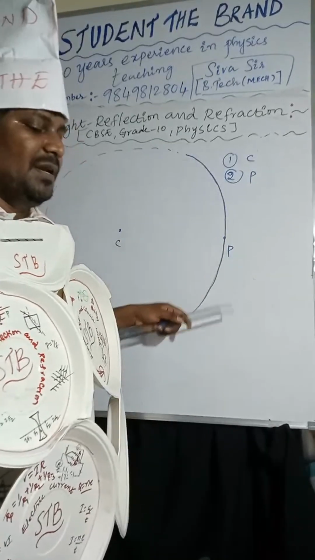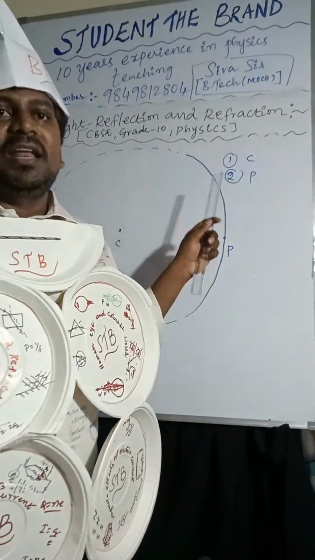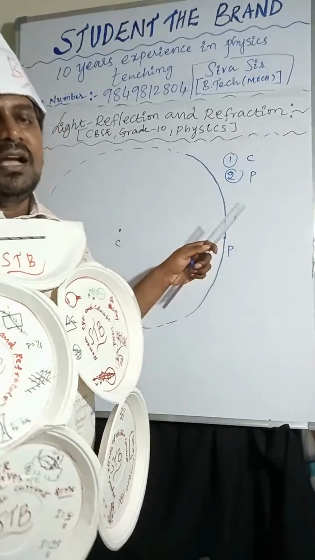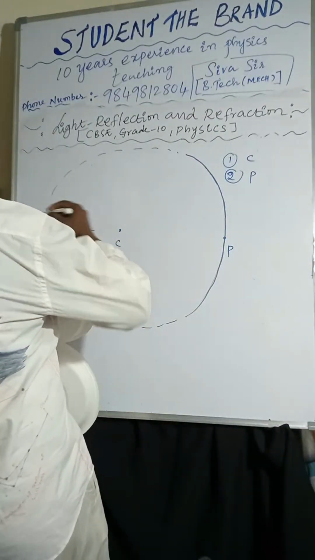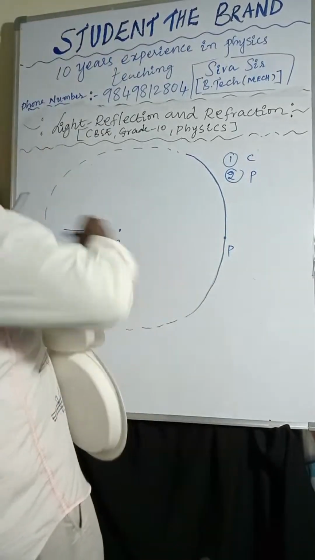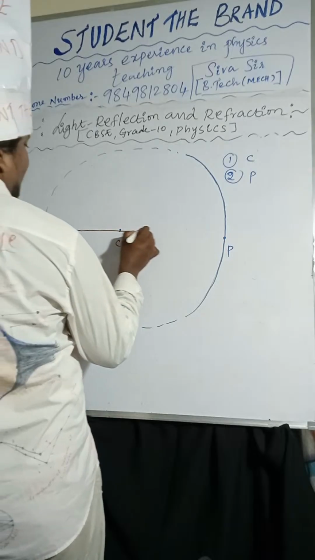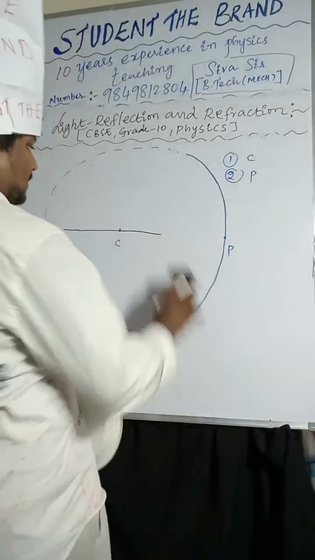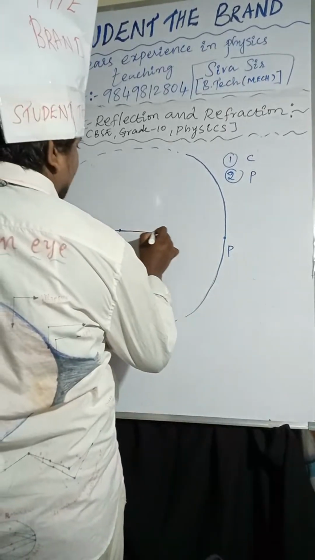The line joining the center of curvature and pole is called the principal axis. So this is the principal axis I am taking here.